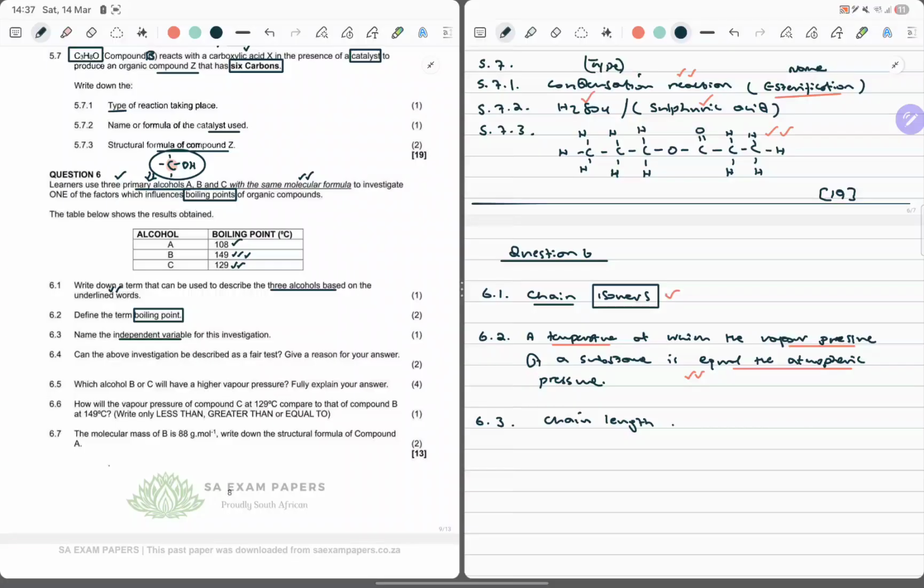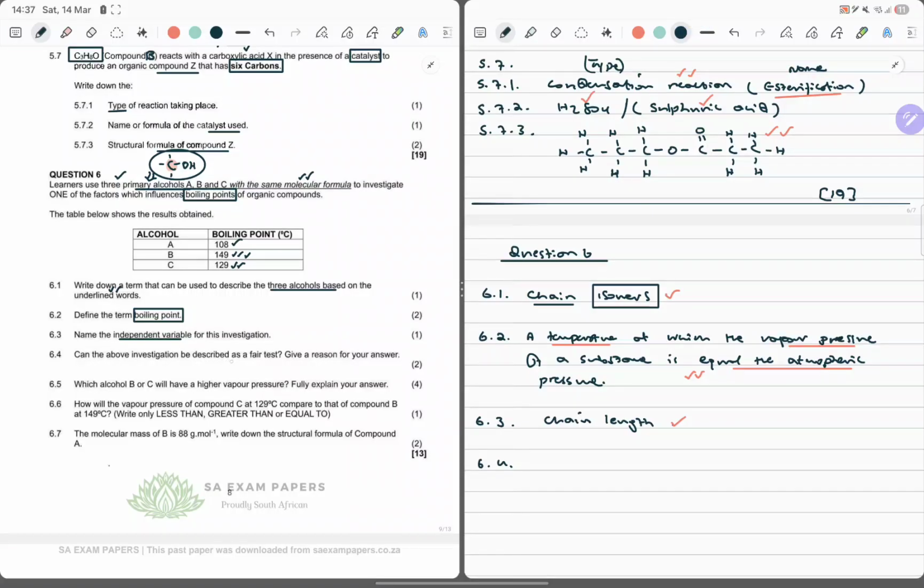So what we are changing is the length of the chain. So this is the chain length. How many marks was this? Yeah, 1 mark.